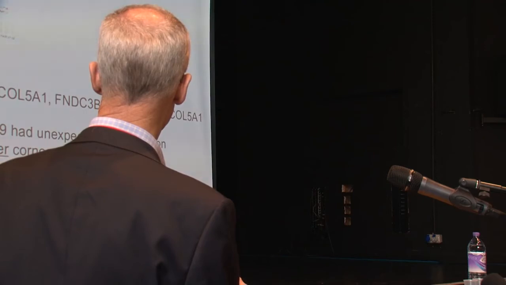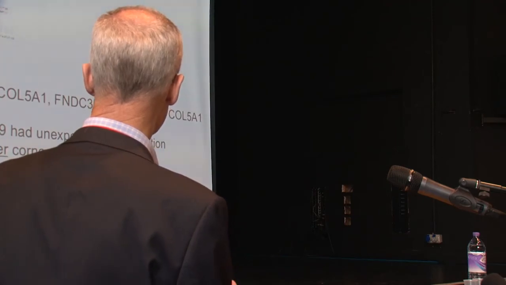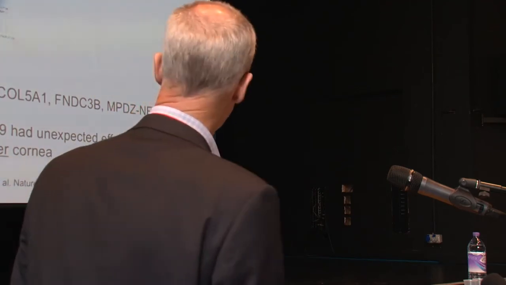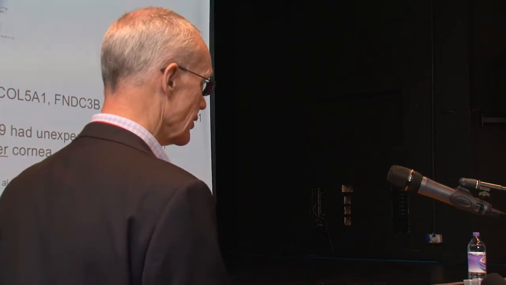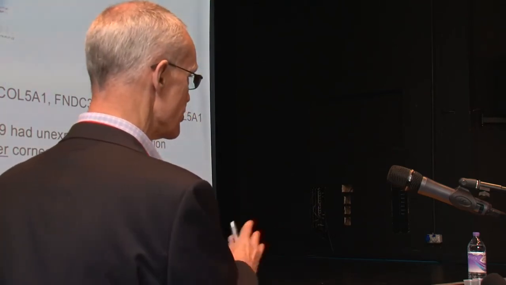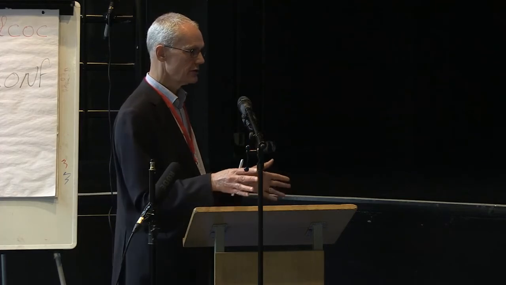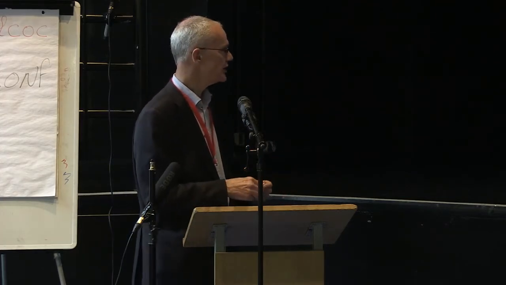The highest one here is ZNF469, so something markedly different in patients who have abnormalities in corneal thickness compared to those who don't. This is the gene which causes brittle cornea. Brittle cornea looks a bit like keratoconus, but with our family studies, any changes are not segregating. So it may be related, or must be related in some way, but it's not cause and effect. So how it's working, we don't know.